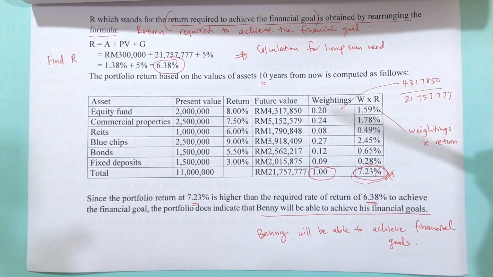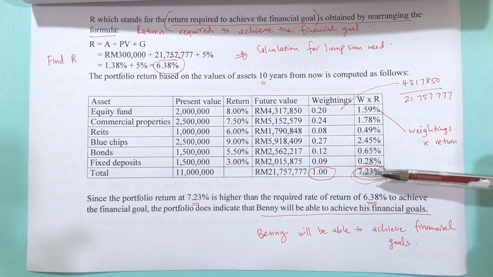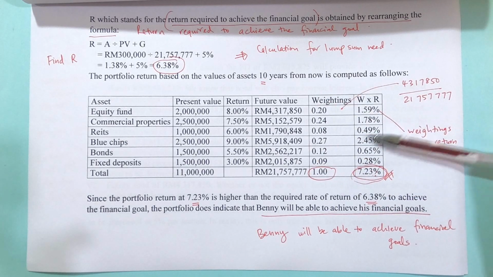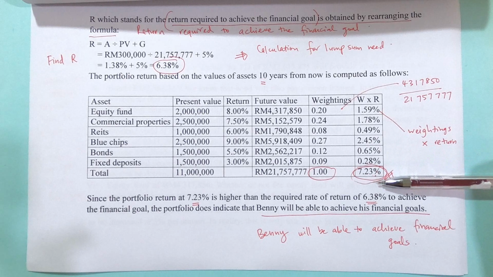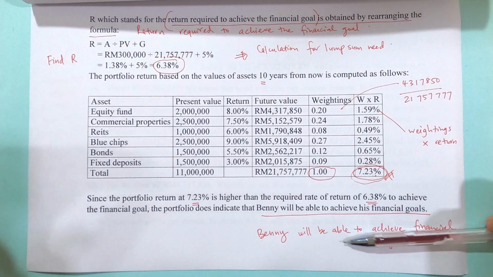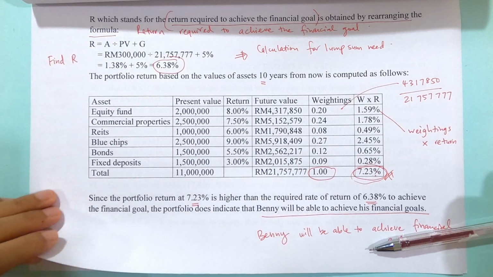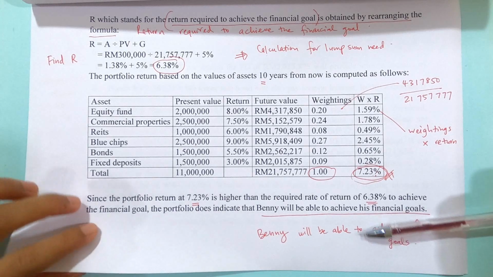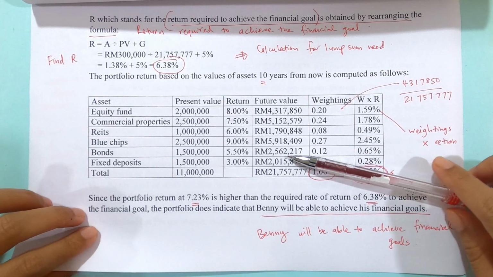By comparing this, we can see that the asset that Benny has at this point of time provides a higher return than the required rate of return. So it should be no problem at all for Benny to achieve his financial goal of capital conservation during retirement.